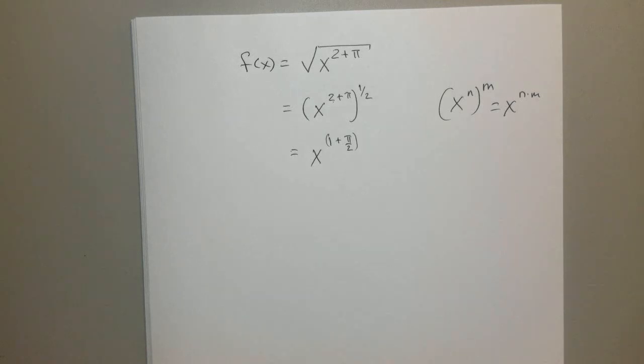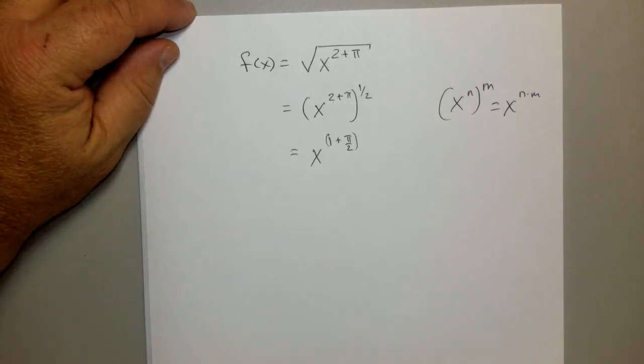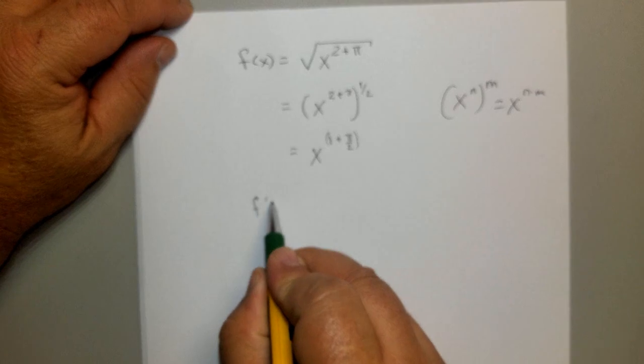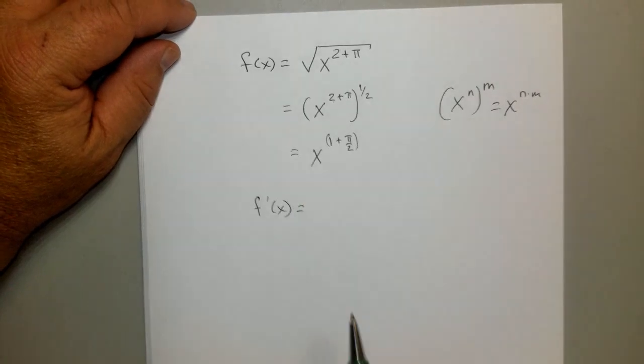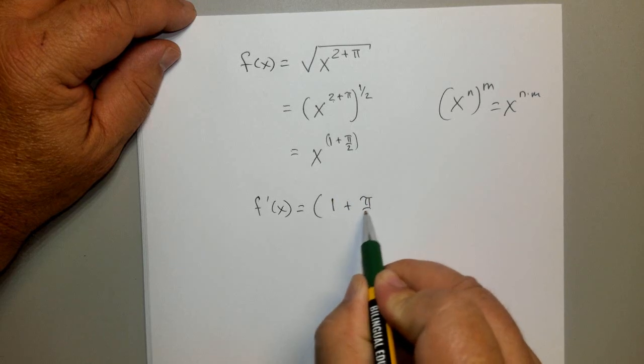Yeah, so your first step is clean it up, make it functional. You can only have one exponent. Now we could bring down the 1 plus pi over 2.